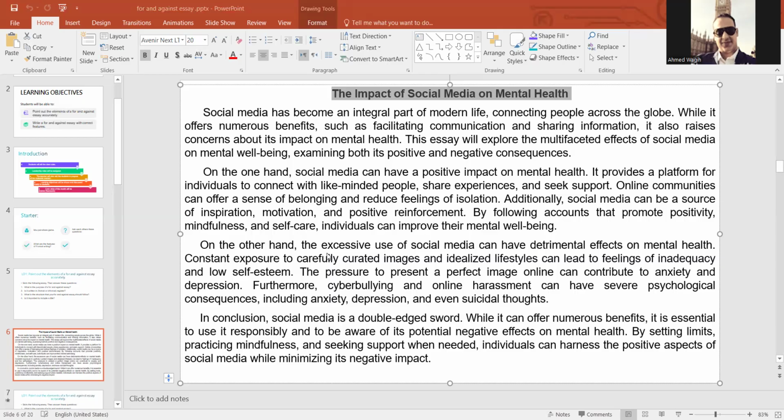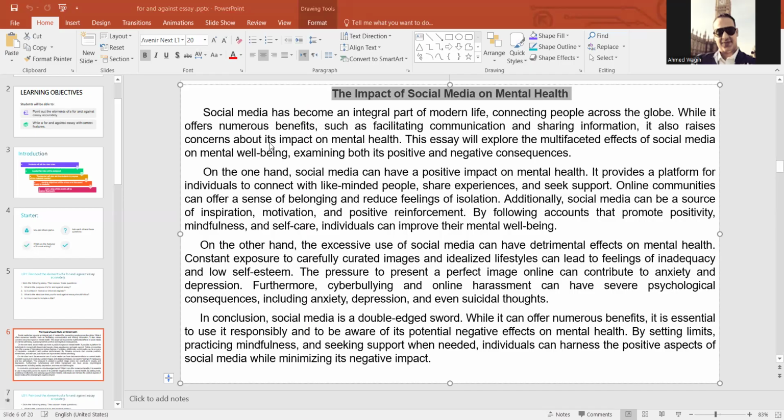You need also an introduction, and in the introduction, you do not mention your opinion. Here, you just introduce your topic or give background information about your topic. Like social media has become an integral part of modern life, connecting people across the globe.